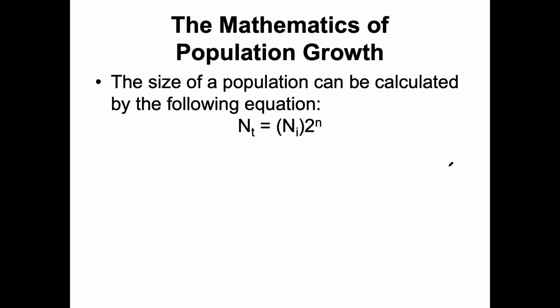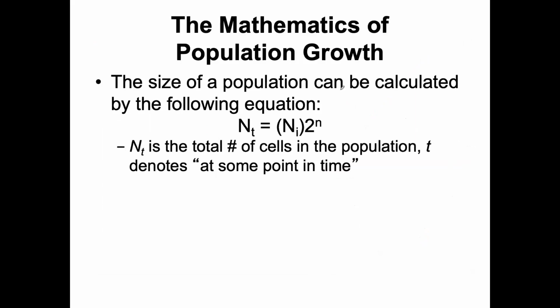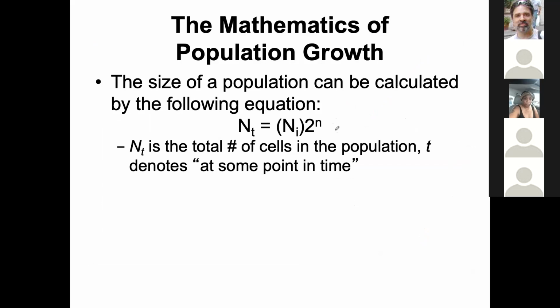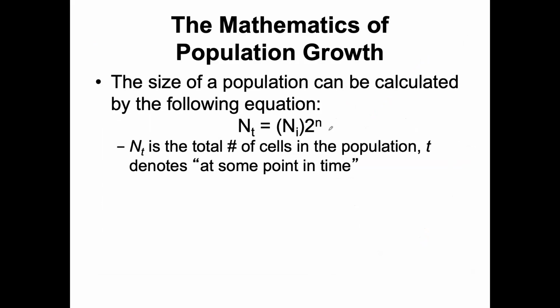If we use this equation, the size of a population can be determined at any particular time, where N sub t is the number of cells in the population at the time t.